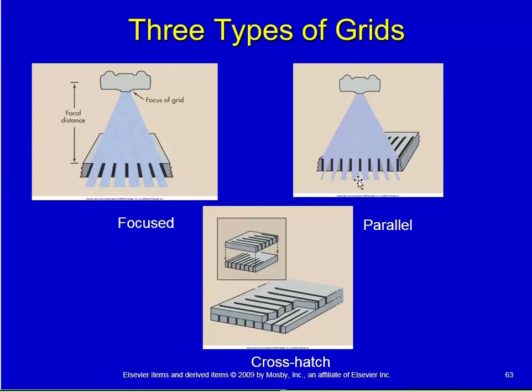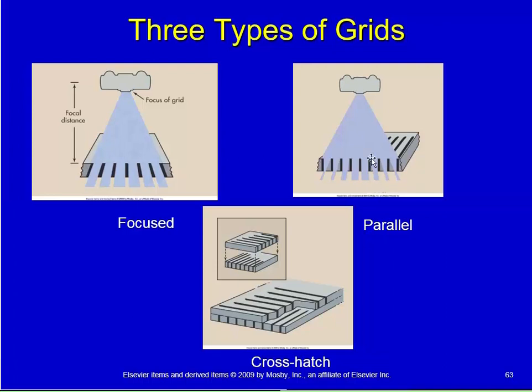But if you look at the remnant beam, or the beam that comes through the grid, what comes through directly under the middle of the central ray is pretty much what was before the central ray, except for where it was absorbed on this particular grid strip. So your hallways are completely filled up with X-ray beam. But because of the divergence of the central ray, you notice that the further out you go, the smaller the beam gets after the grid.